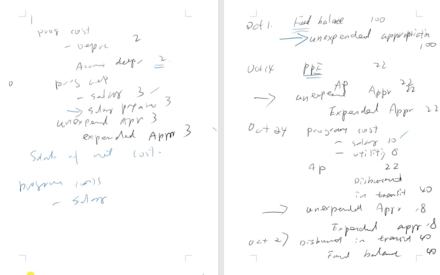And we have utility, that's 8. And also we have the depreciation. It's also part of the program cost. That's 2. So the net cost, if you add them together, is 23. Okay, that's very straightforward.